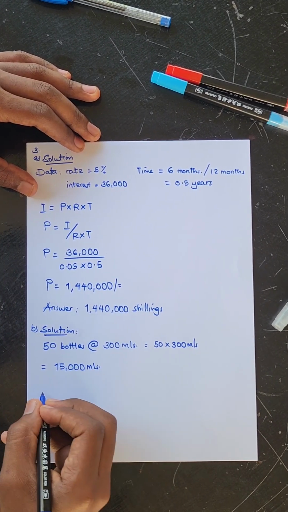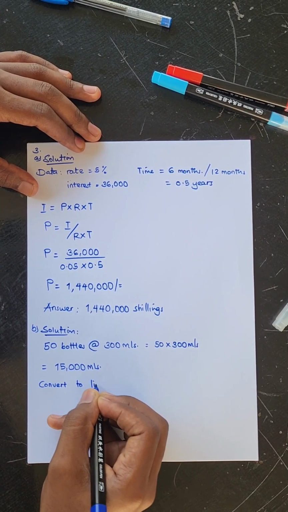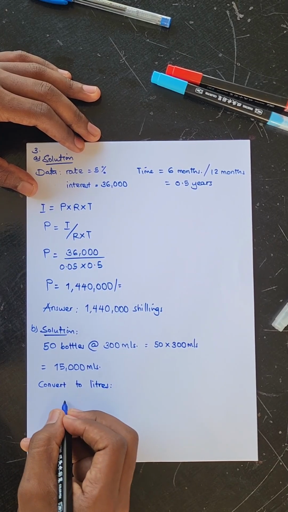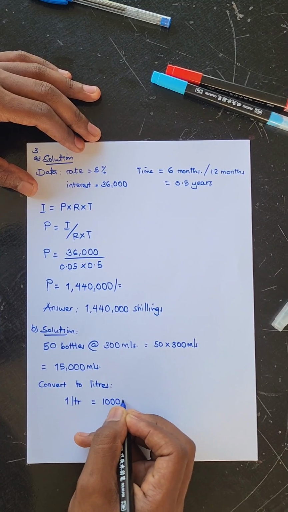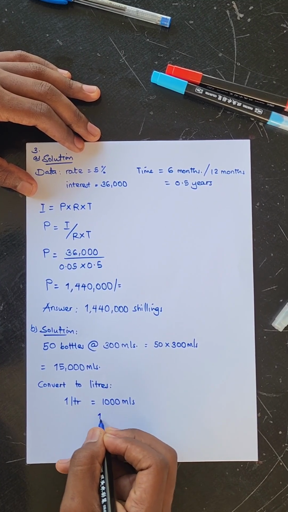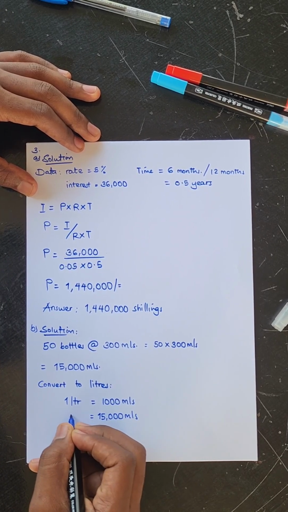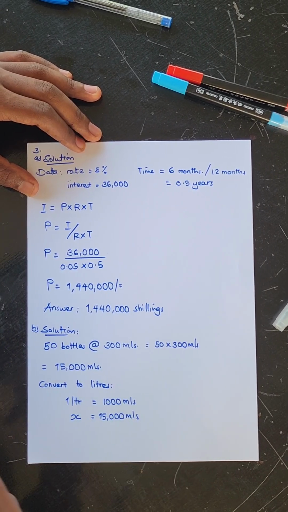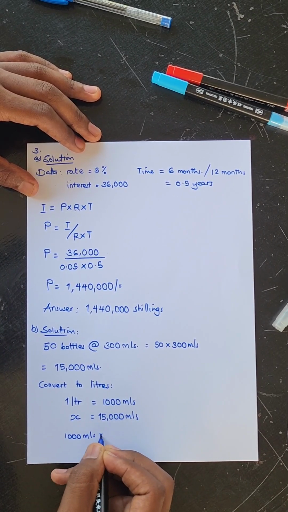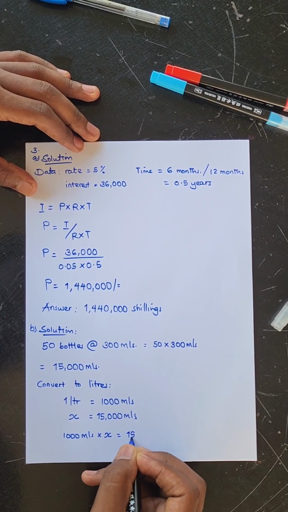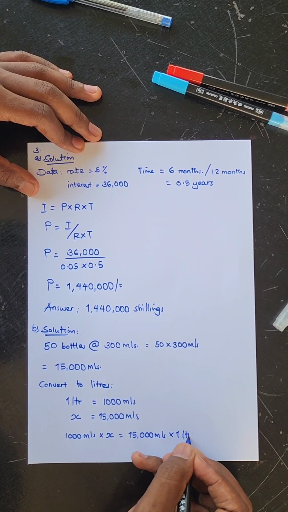Okay, so conversion time, convert to liters. So 1 liter equals 1,000 mils. What about 15,000 mils? How much is that going to be? Let's call it X. So when we cross multiply, we get 1,000 mils times X equals 15,000 mils times 1 liter.